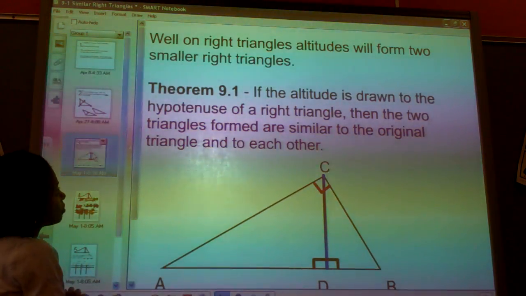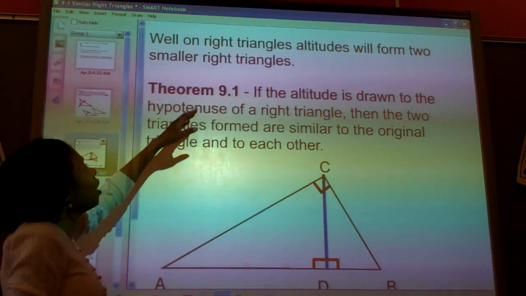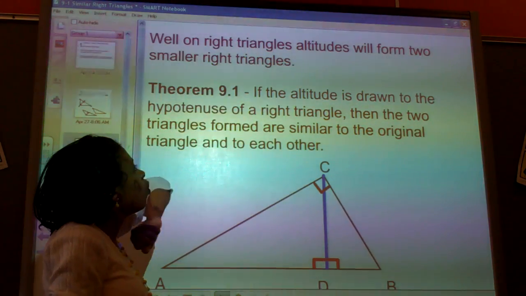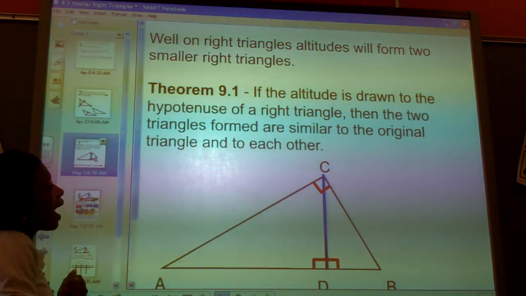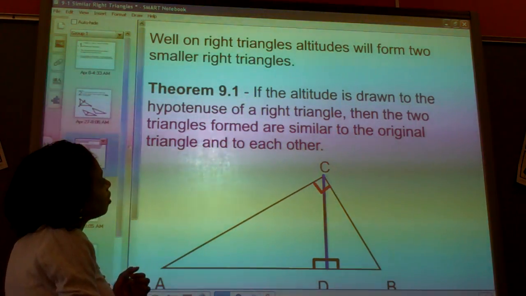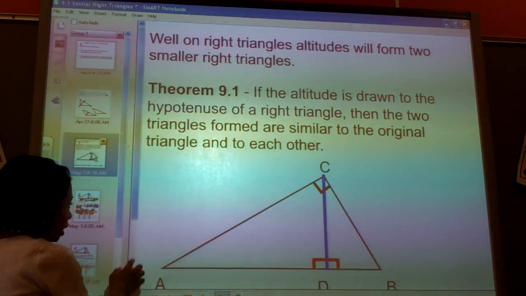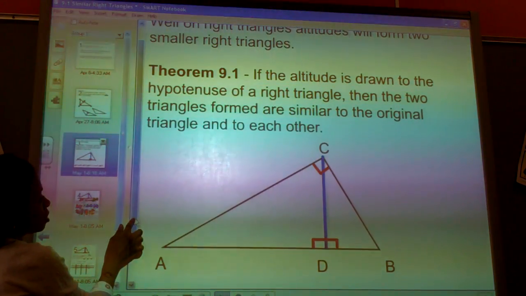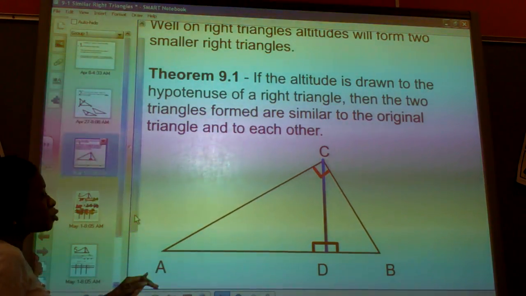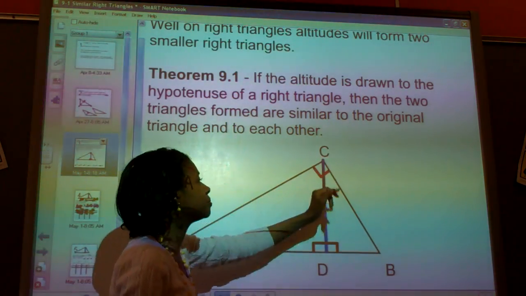Let's go a little further. Theorem 9.1 concerns the altitude drawn from the hypotenuse to the opposite side, or the 90-degree angle. Let's slide this up just a bit. Here I have triangle ABC again.